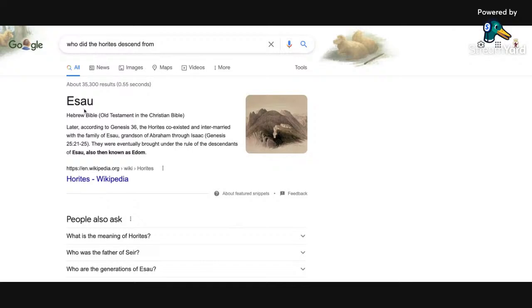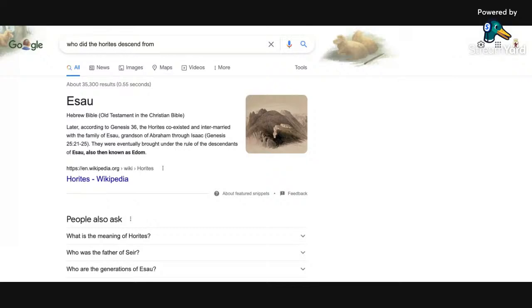It pulls up Esau. So, if they were Horites, they were descendants of Esau. If they were Hivites, they were descendants of the Hittites. So these EM34s, we have no idea who they were, and they could have just been slaves. So, I mean, I don't know if there's any confusion behind that, but if you have any questions, just please leave that in the comment section.